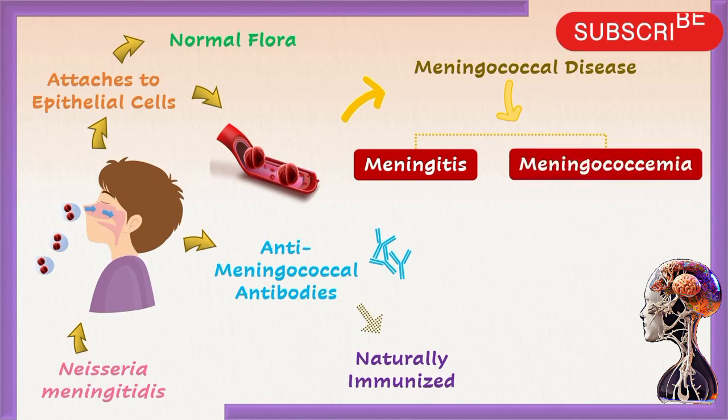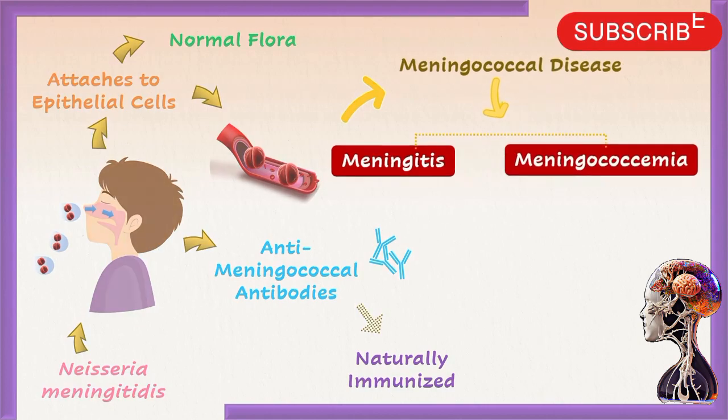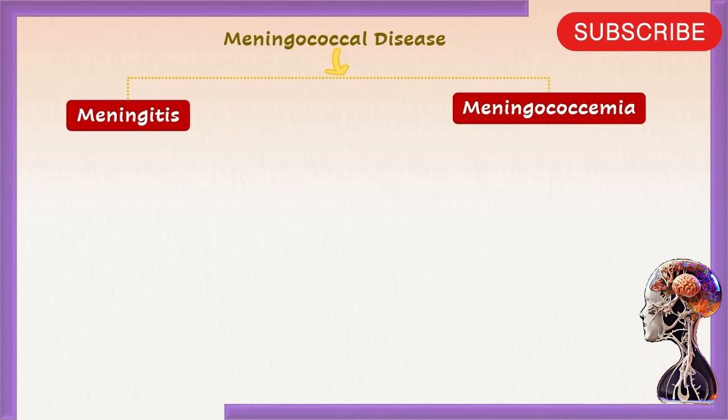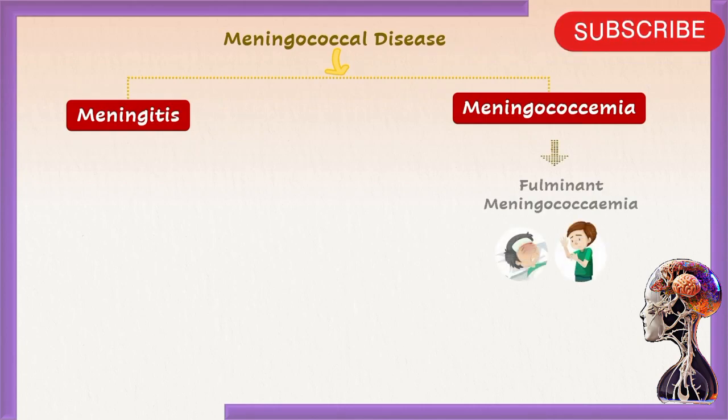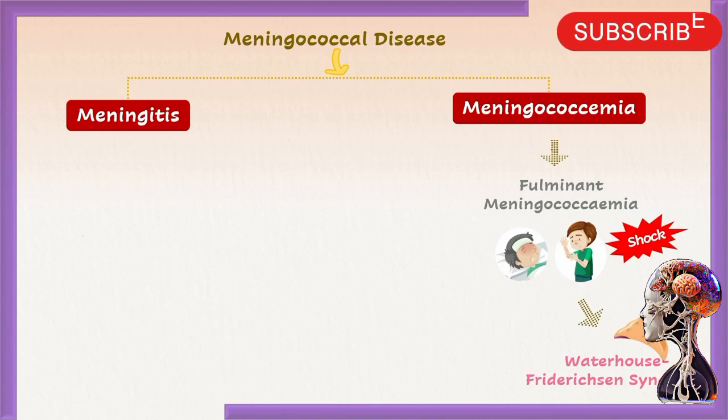Now, fulminant meningococcemia is a severe condition with high fever, hemorrhagic rashes, and circulatory shock. The hemorrhages may take place in different parts and sites of the body, including skin, causing petechiae that I mentioned before, and bilateral hemorrhage into adrenal glands, also known as Waterhouse-Friderichsen syndrome.